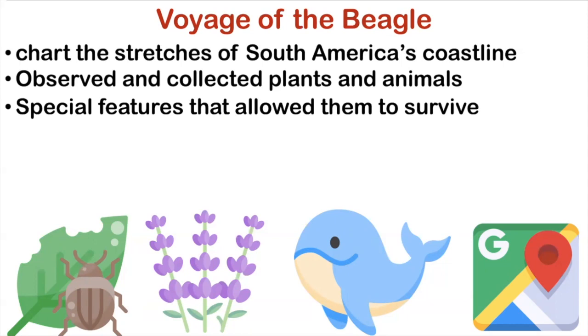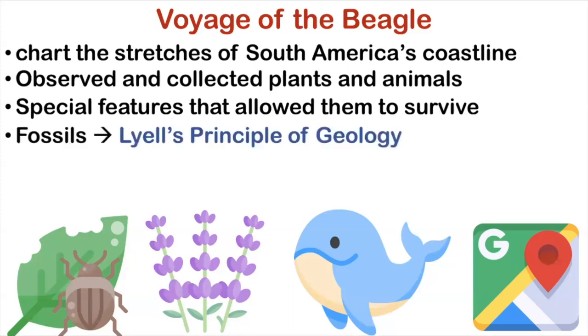So he associated the species of plants and animals in South America's temperate and tropical regions as more closely related than species of the temperate regions of Europe. Darwin also found fossils in South America that resembled living species in the same region. This discovery led him to read Lyell's principle of geology.